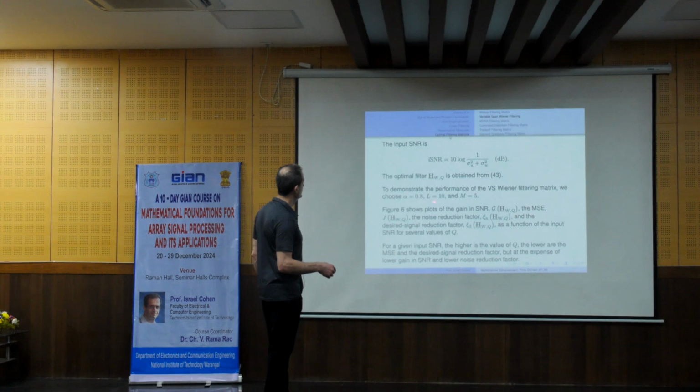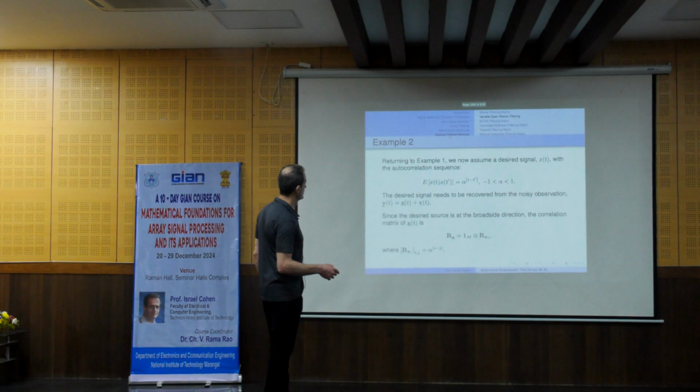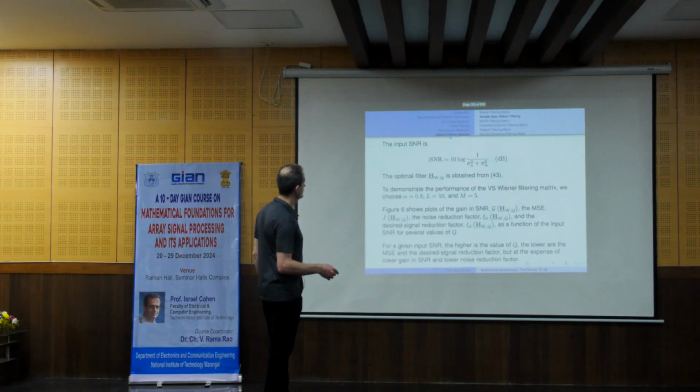Okay, so alpha equals 0.8, L equals 10, and M equals 5. Let me check the input SNR, so it depends also on the input SNR.